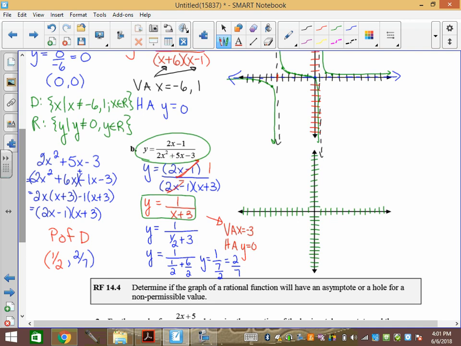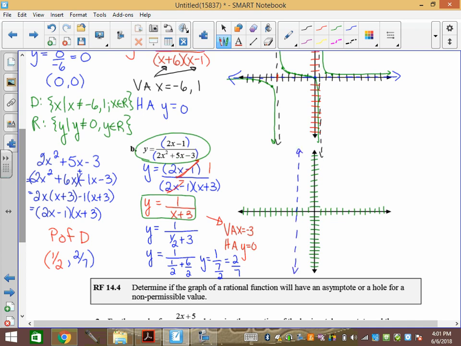So I'm going to type the original into my calculator just so I can pull off other points. So I'm going to put the top in brackets and the bottom denominator in brackets. So I get 2x squared plus 5x minus 3 bracket. Press graph. Look at it. I know I have a vertical asymptote at negative 3, so I'm going to put that first.